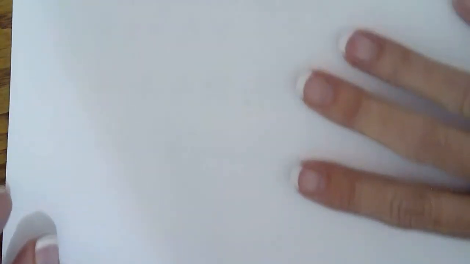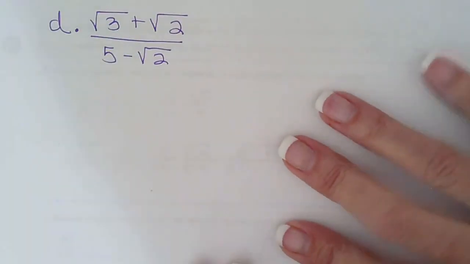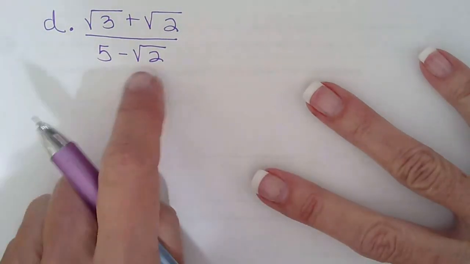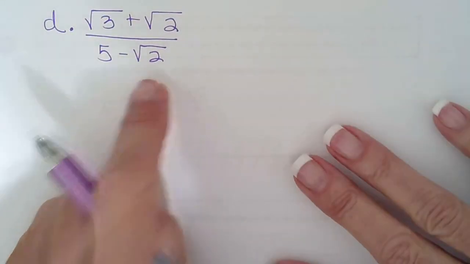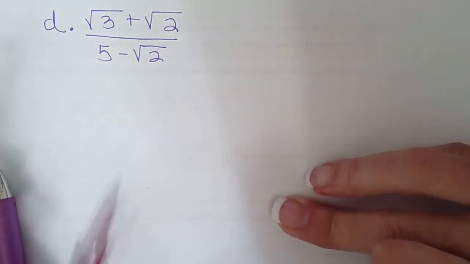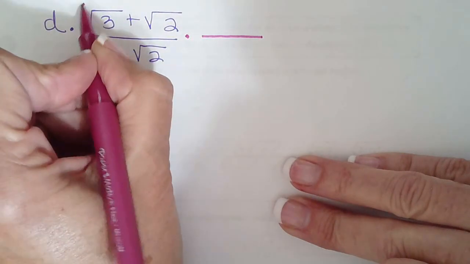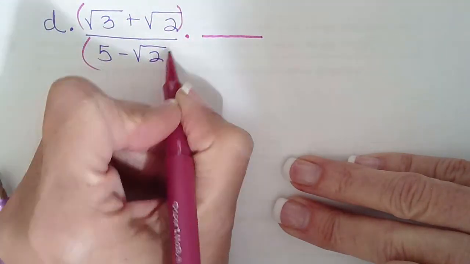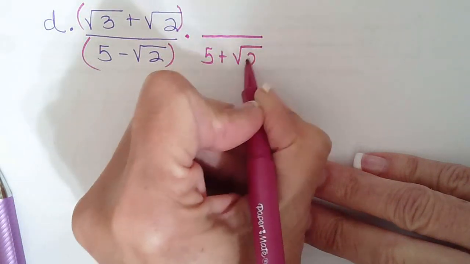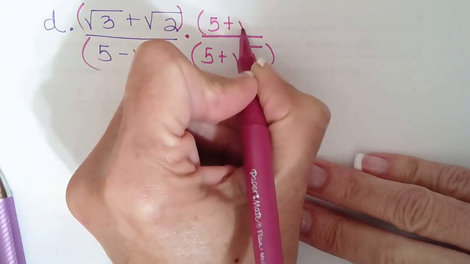So again, I notice that there are radicals in the denominator, and there are 2 terms. So that's my hint that I have to multiply by the conjugate. So what's the conjugate of 5 minus radical 2? 5 plus radical 2. And 5 plus radical 2.